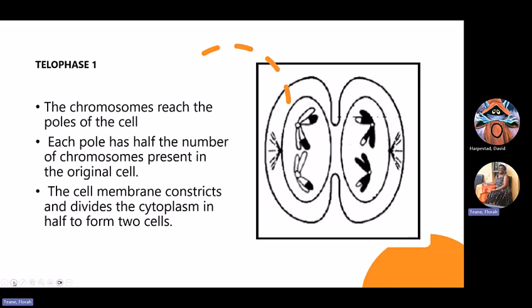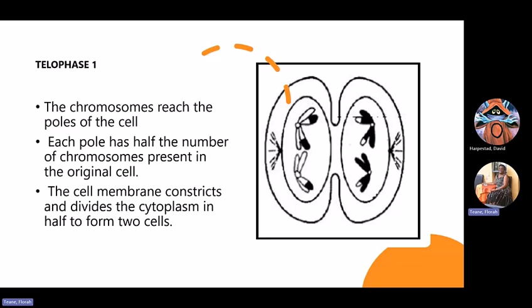Telophase is the last phase of the first meiotic division. What happens is, remember, what happened during anaphase? Chromosomes were pulled towards opposite poles. Then the nuclear membrane is reappearing here, and we end up having also the division of cytoplasm, what we call cytokinesis.